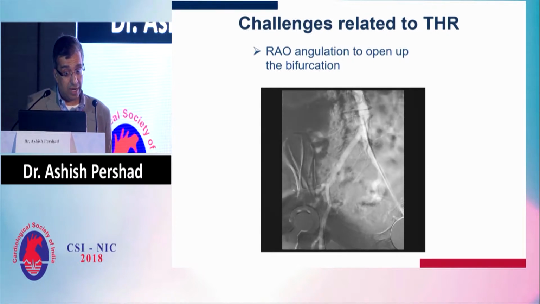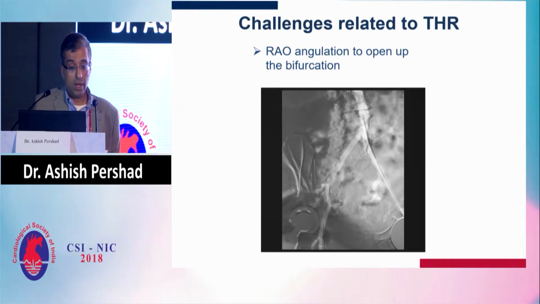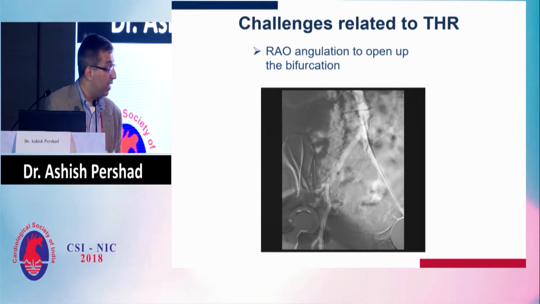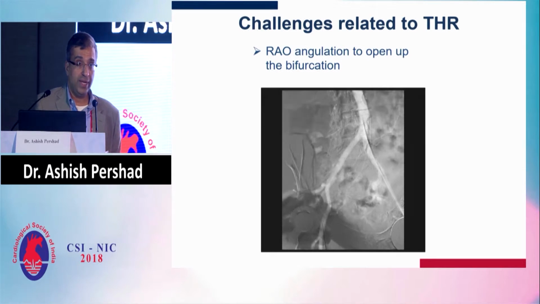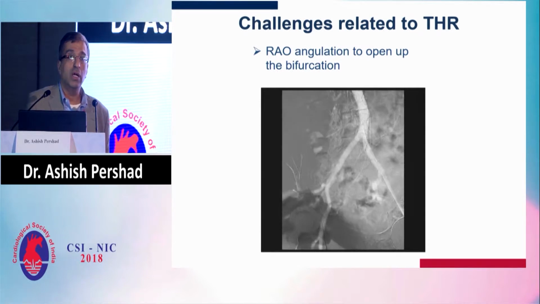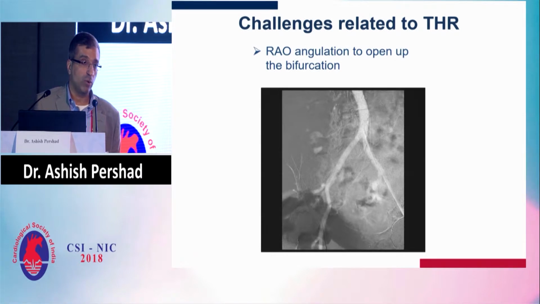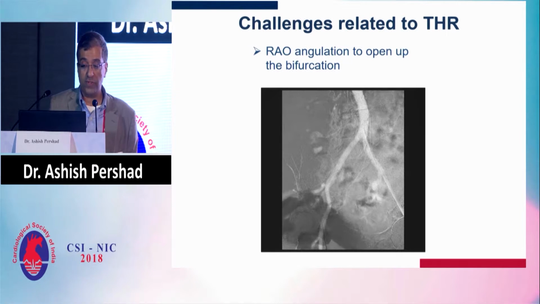And we have inadvertently, we learned this the hard way, had an 18 French sheath put in through the profunda, and we got the case done, but at the end of the case we had a whole bunch of bleeding and difficult to manage, because the profunda runs posteriorly and it's a really hard vessel to get good control of, and the surgical repair took much longer than what would have been the case if we were aware that we had got into the profunda before we started.